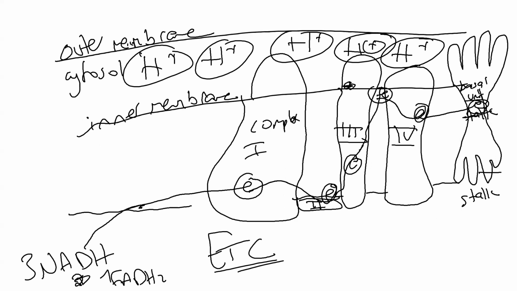Okay, here we have the head piece. What happens here when this electron is transferring from one complex to another? The hydrogen which is outside, in the cytosol, will start to come inside along this gradient, these protons, producing water, H2O.